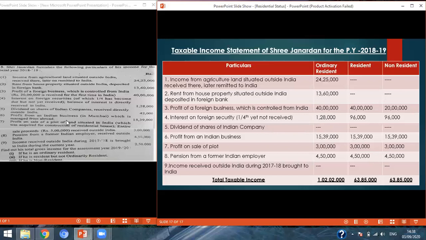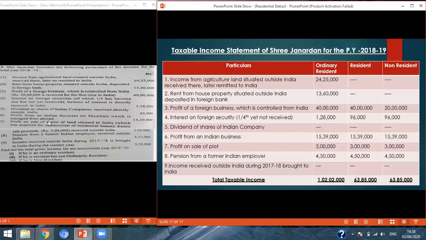Then the next point is dividend on shares of Indian companies received directly outside India. Dividend of Indian companies' shares is totally tax free for all, so it will not come into our list. Then number 6 is profit from an Indian business in Mumbai which is managed from abroad. See, profit from business. Where is the business?